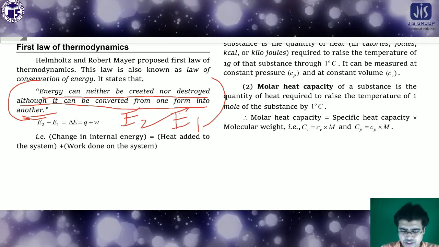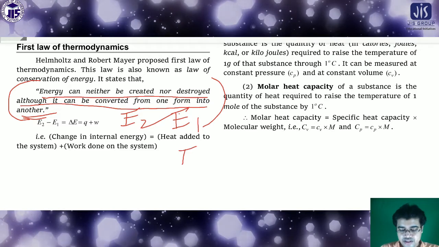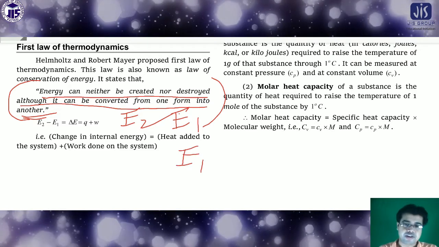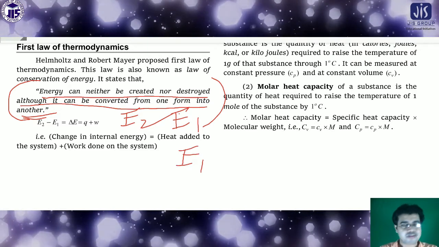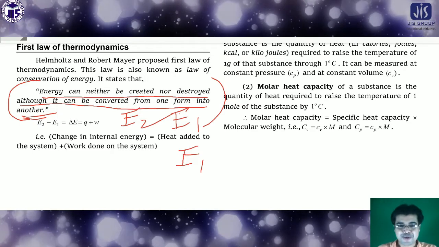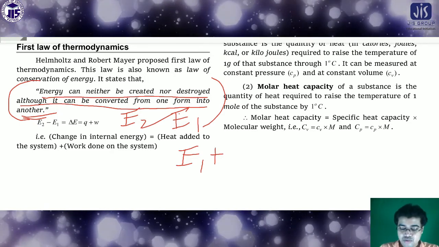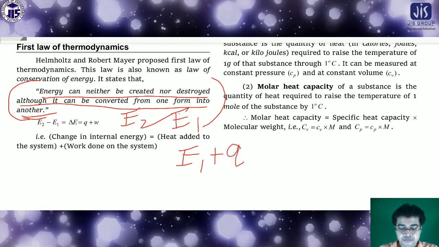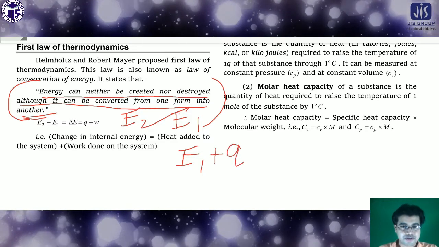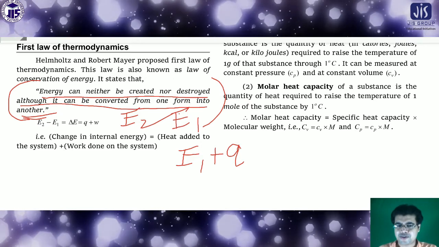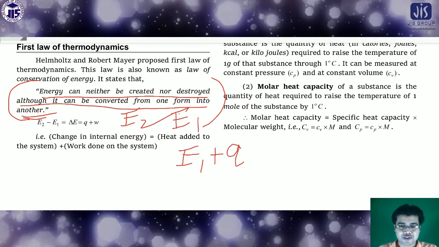You can take it this way: for example, there is a system that has energy E1. Very simple. It must have some kind of internal energy. So E1 plus Q, that means some heat absorption occurs.